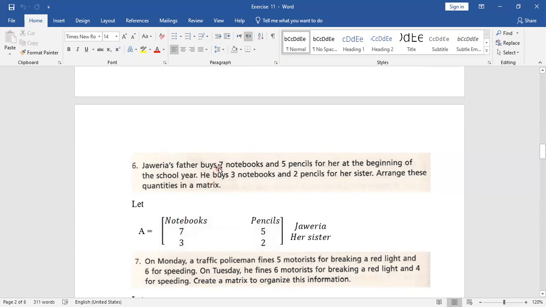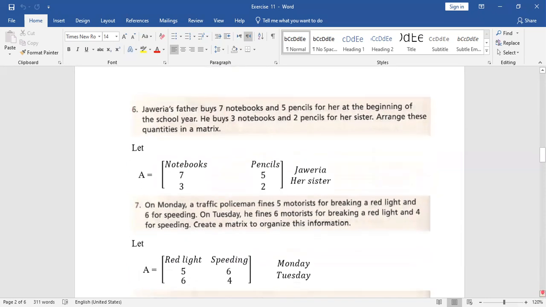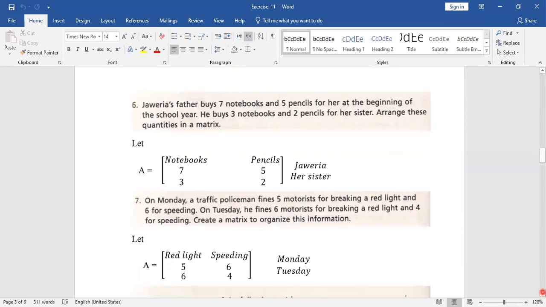Now you need to write 7 with the notebooks, 5 with the pencils, 3 with the notebooks, and 2 with the pencils. You must write the name here, Javeria or her sister. So you need to only represent the statement questions, the daily life things. This is the real life application of matrices.